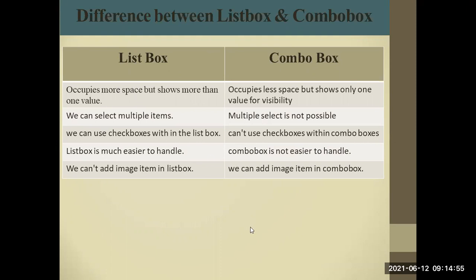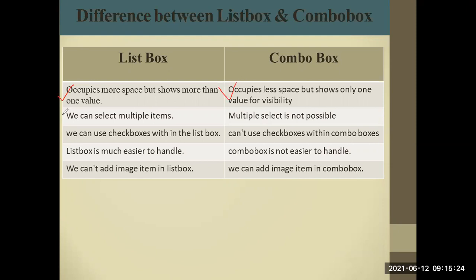The space occupied by the combo box is less, but the list box will show more than one value, with the option of selecting items from multiple values. In the case of a combo box, the space is less, and it shows only one value for visibility. Fine. That's the first difference.